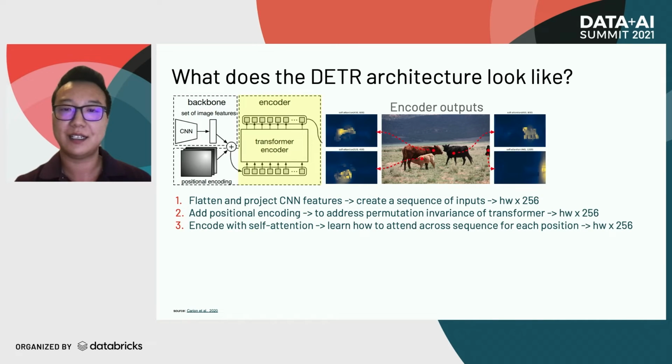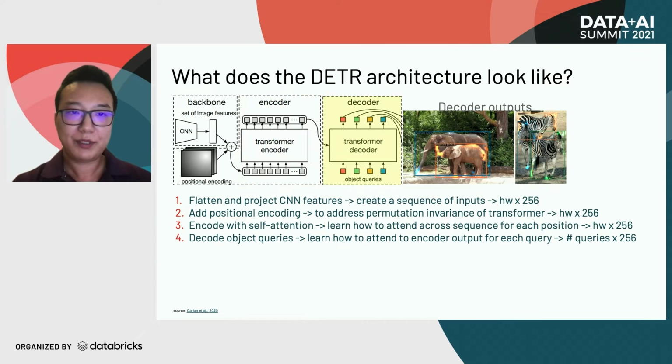If you look at the red point on the brown cow, you can see that the attention mask corresponding to that pixel is learning to focus on the body of the cow. And we have similar masks for other pixels in this image. So the encoder is just learning which pixels are important for a particular pixel when making the downstream prediction. The output of the encoder is then passed to the decoder.